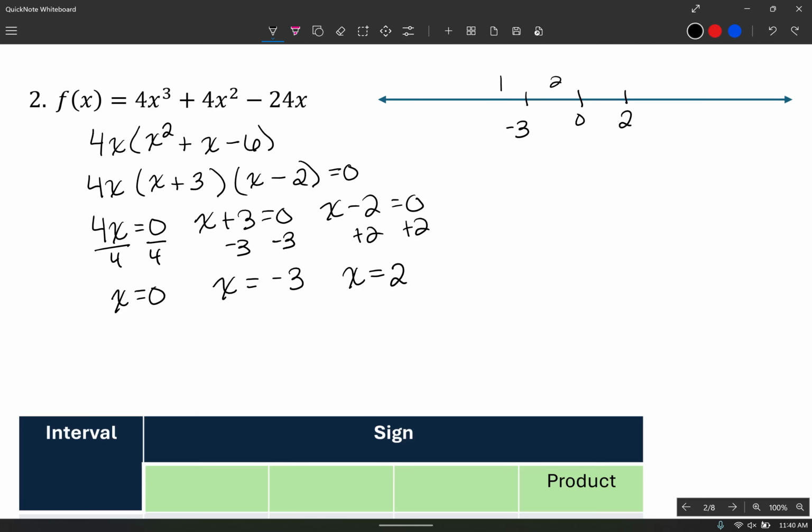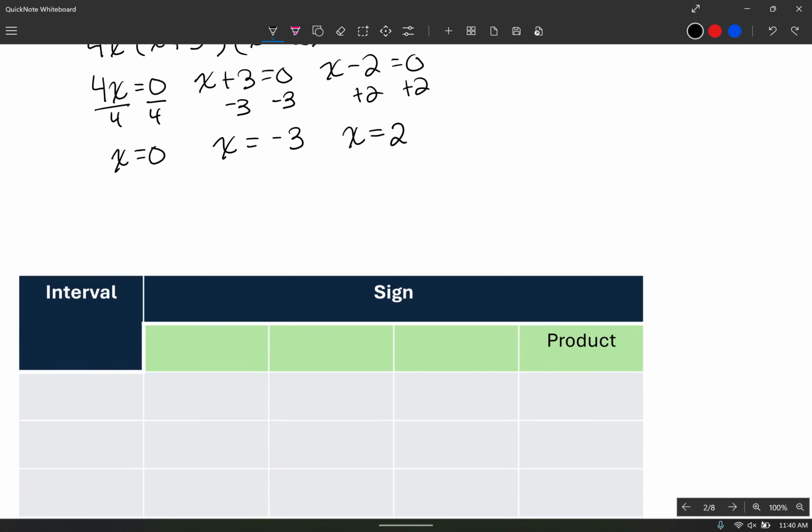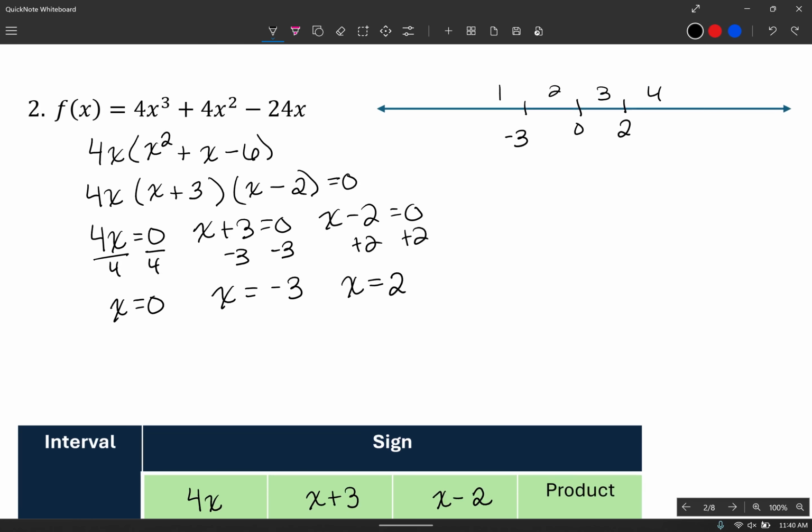Again, you have 1, 2, 3, 4 sections. Now, I did not put the factors on here in these little green boxes, so we're going to do that. So we have a factor that's 4x, a factor that is x plus 3, and a factor that is x minus 2. So for my intervals, I have less than negative 3, between negative 3 and 0, between 0 and 2, and greater than 2.